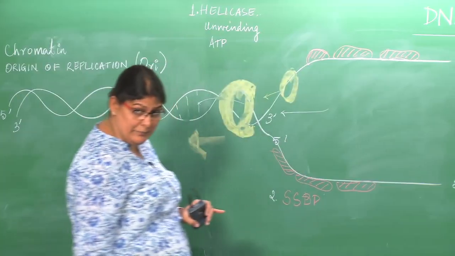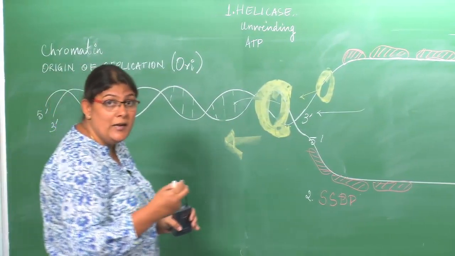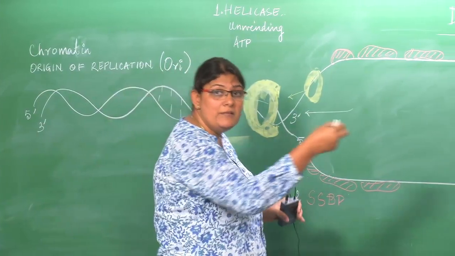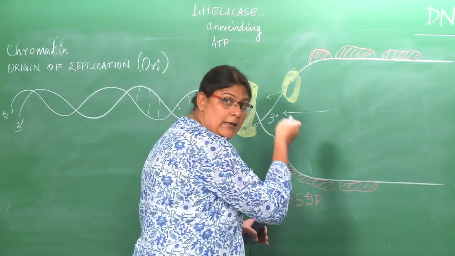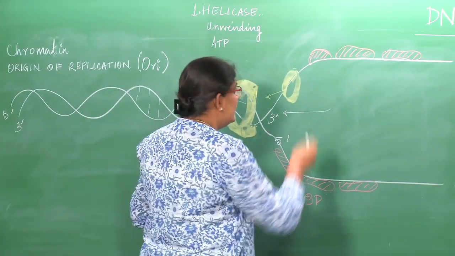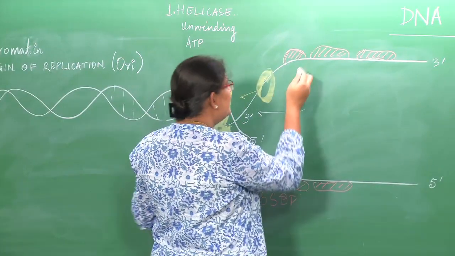Now, once that has happened, there has to be an enzyme which will then come and meticulously start bringing in one nucleotide at a time and make a second strand. So, let us take this separated strand and give it some sequence.